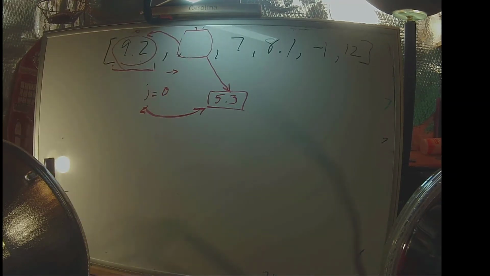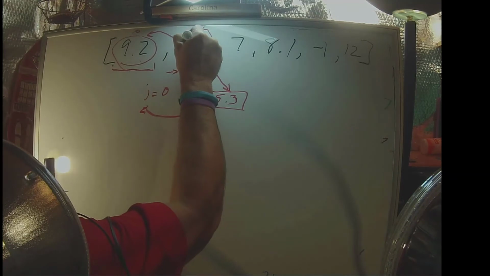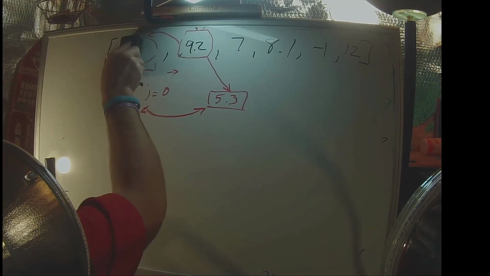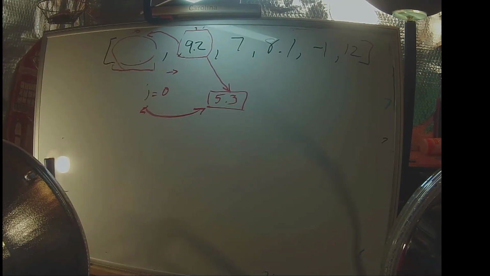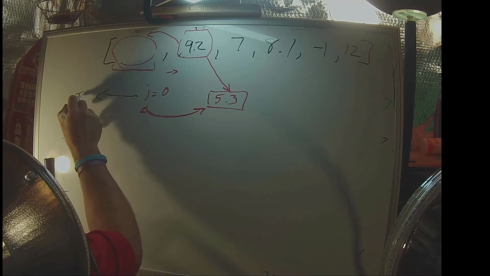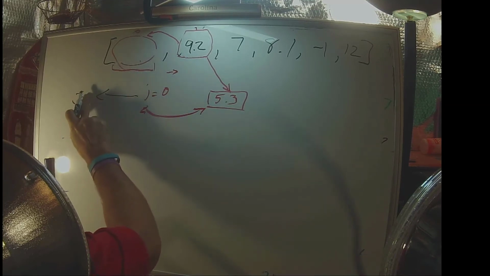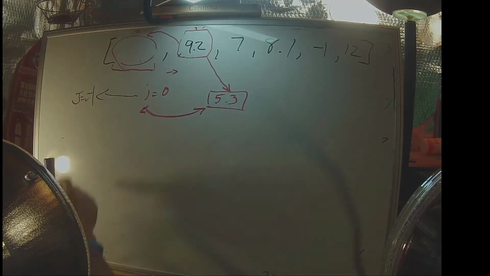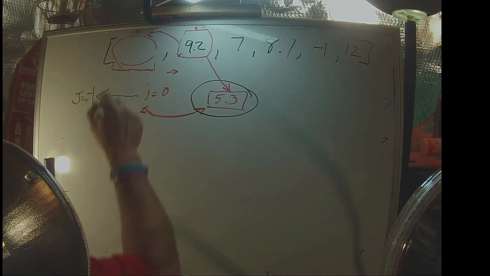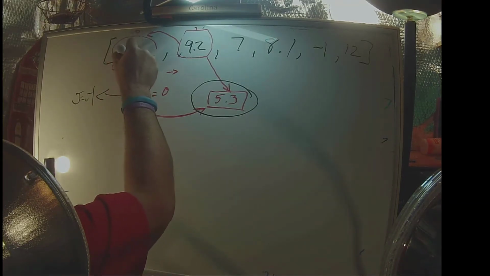So after we do that comparison, and this is what you would have seen the people do in the dance, our 9.2 value is moved to here, and our hole has now moved to here. And now we move j down 1 more, and now j is equal to -1. Well, -1 is off the end of our list, so if j is equal to -1, whatever value is left here needs to go into that point.